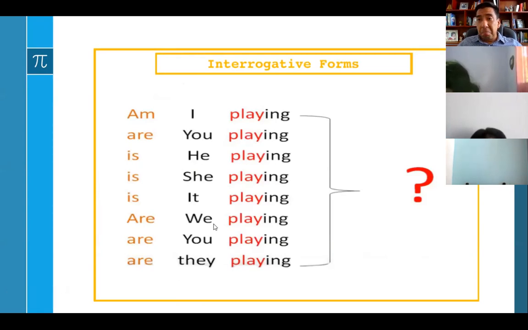Yes, we are. No, we aren't. Or no, we are not. Are they playing? Yes, they are. No, they are not. Oh, no, they aren't. As you can see, this is the correct way to ask a question in present continuous. Very, very simple, guys. Muy sencillo, ¿verdad?